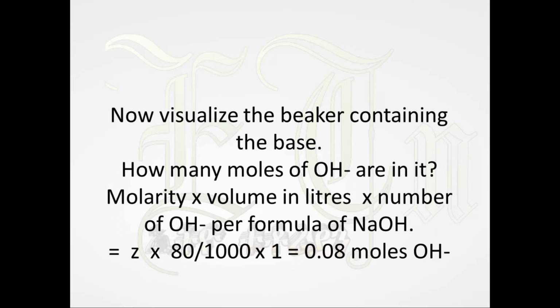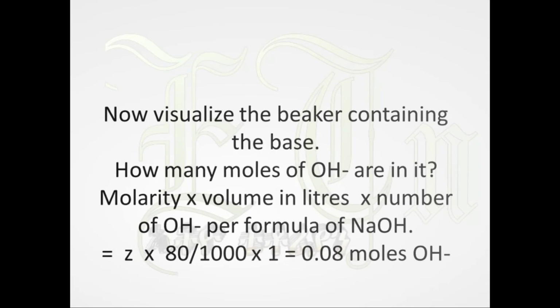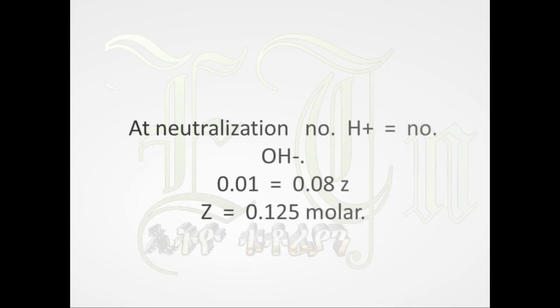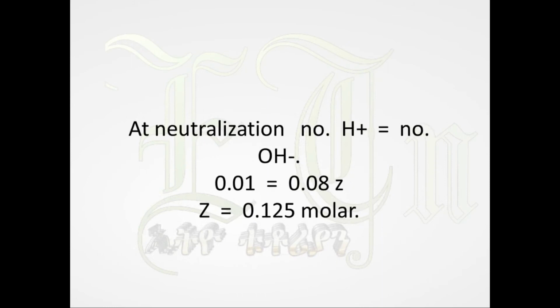How many moles of OH- are in it? Molarity x volume in liters x number of OH- per formula of NaOH. Z x 80/1000 x 1 equals 0.08 Z moles OH-. At neutralization, no. of H+ equals no. of OH-.